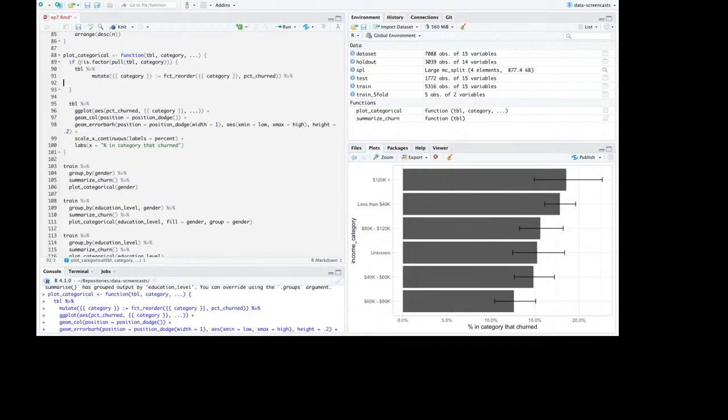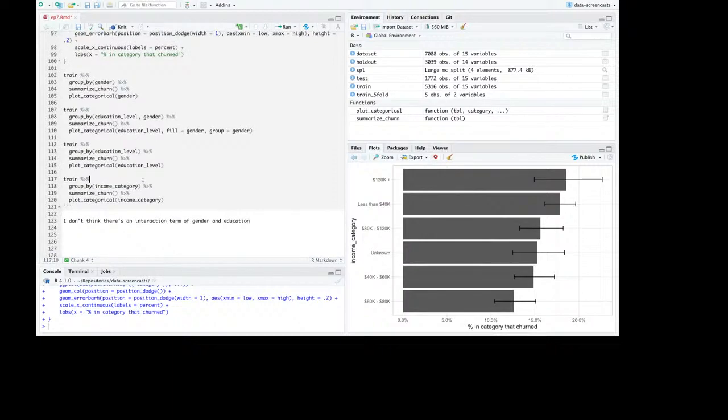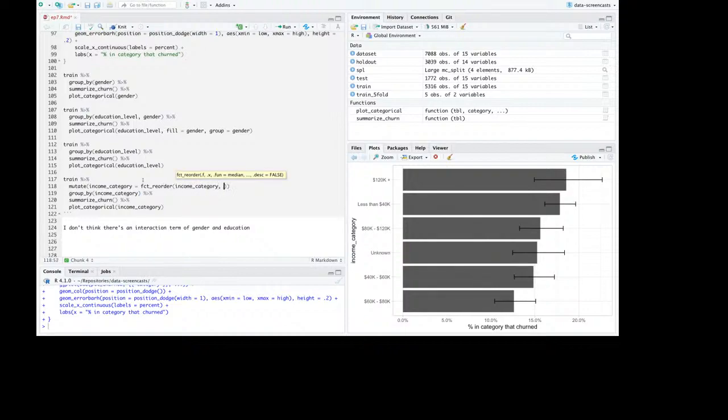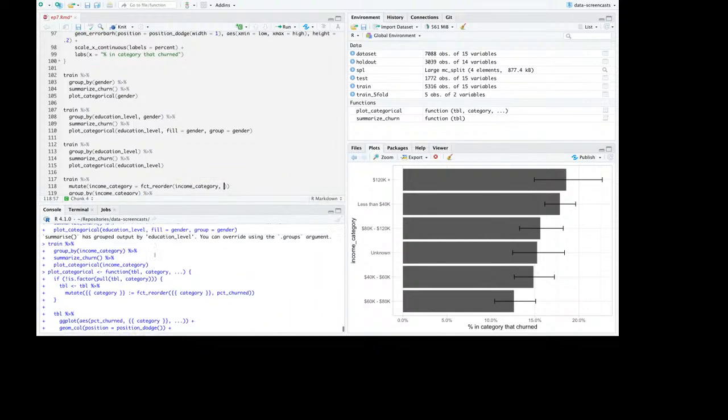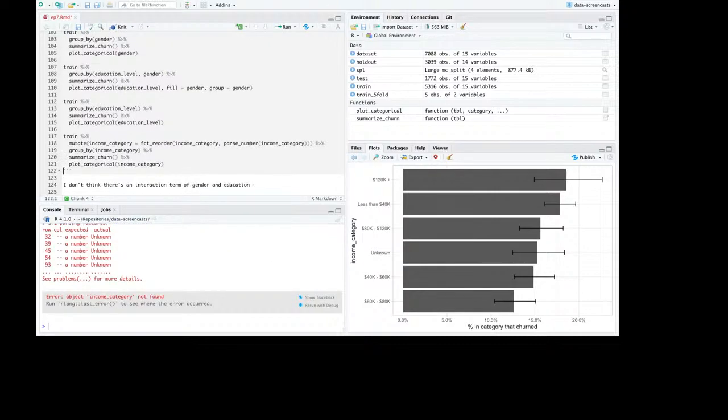I really just want to have this general function, even if I don't use it a lot, it's just nice. So now I'll say mutate income category is fct_reorder. Here's something fun. Income category, I'm going to reorder it by parse number of income category, and then I think it's good.